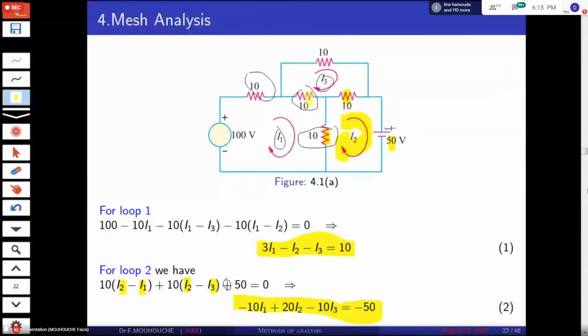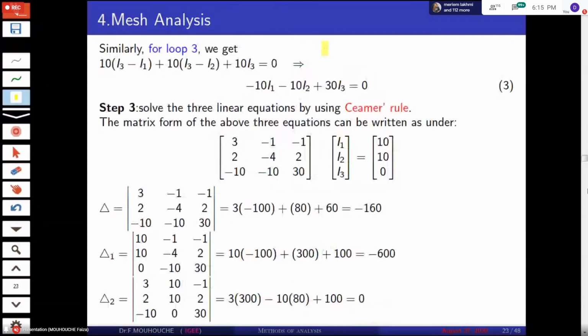We have 10(I3 - I1) + 10(I3 - I2) + 10 I3 = 0. We can check it out.